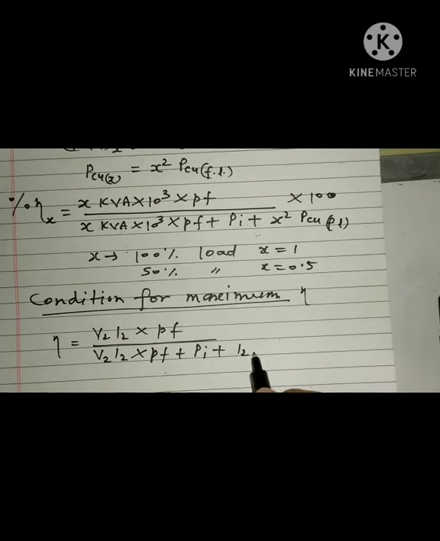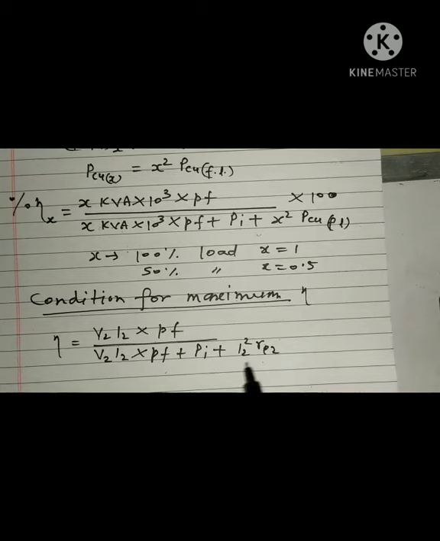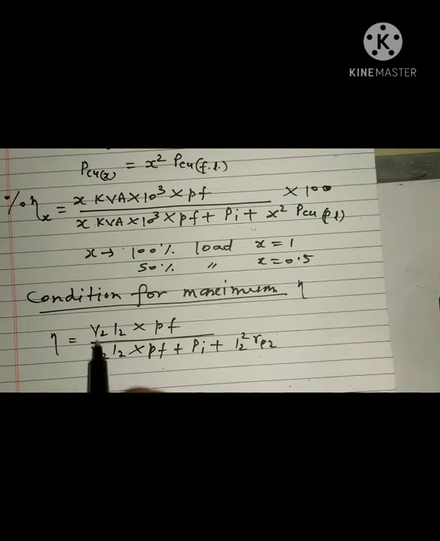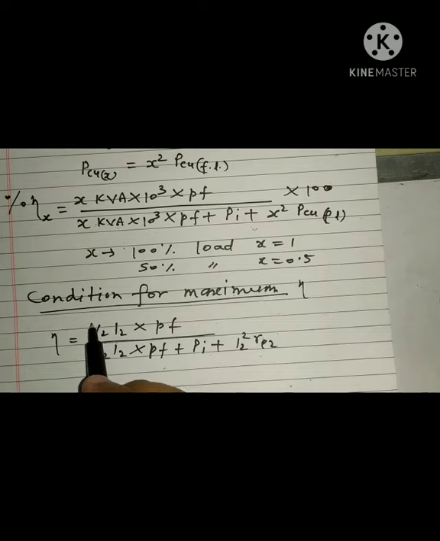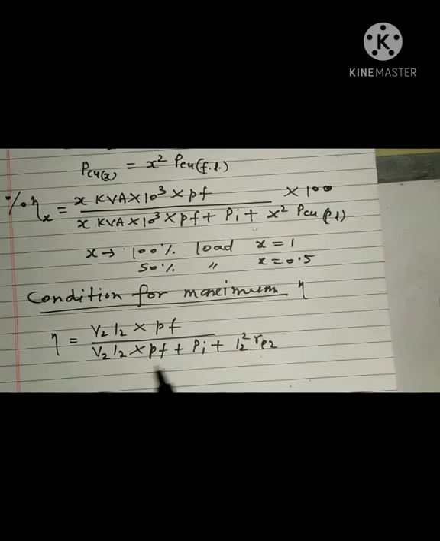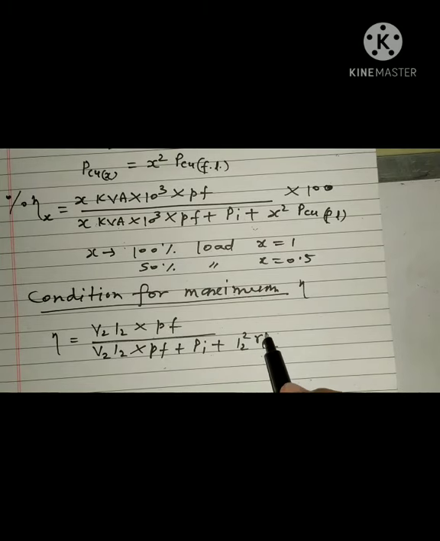So I can write copper loss as I2 square Re2. If it is referred in primary, then it will be V1 I1 and it will be I1 square Re1, right? So in this efficiency expression, rated voltage is fixed value, power factor for a given load is also fixed, iron loss is constant loss, and Re2, that is equivalent resistance referred on secondary side, is also fixed value.